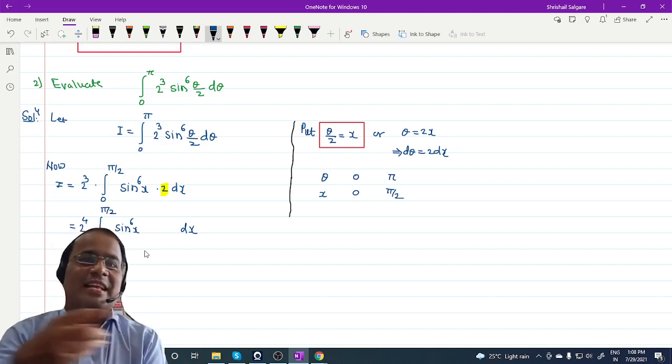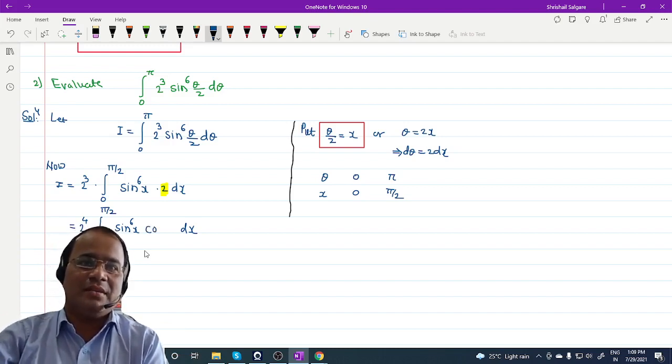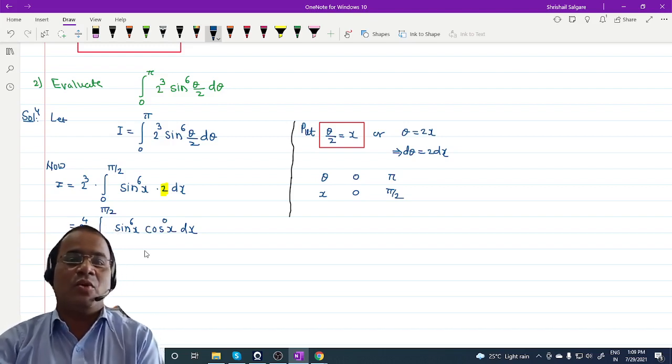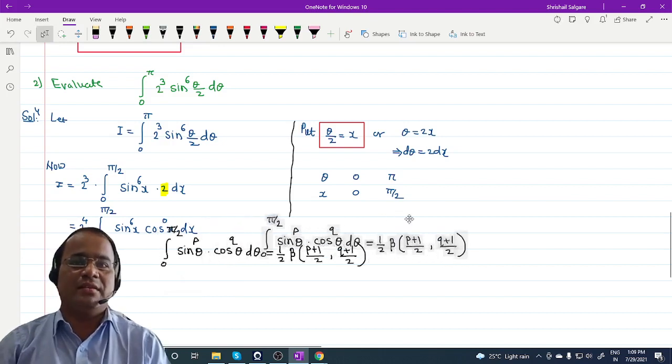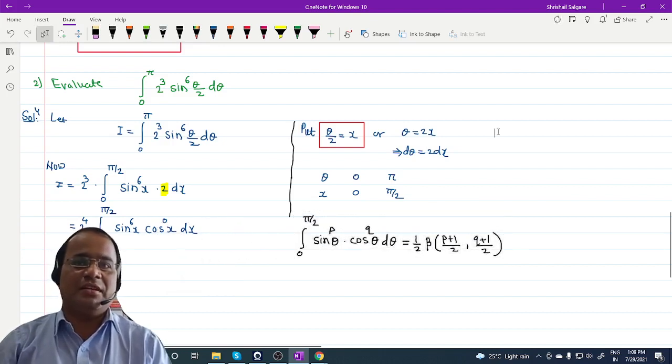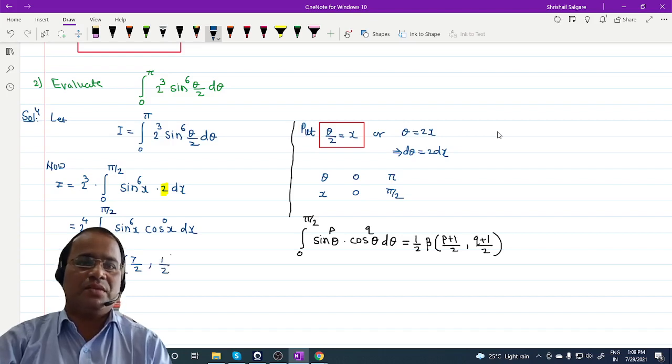Yogesh, yes, you want to say? Yes, anything raised to 0 is 1. So here I have to adjust the term. It can be written as cos x raised to 0. That means the value of q is 0. So once again, you can use this definition, and in this definition, you can put q equal to 0. So it can be written as 2 raised to 4 multiplied by 1 by 2, that multiplied by beta of 6 plus 1 by 2, 0 plus 1 by 2.